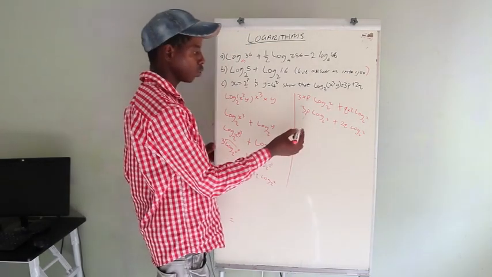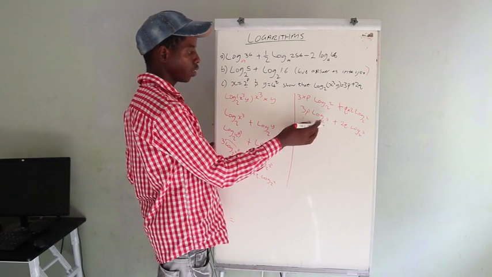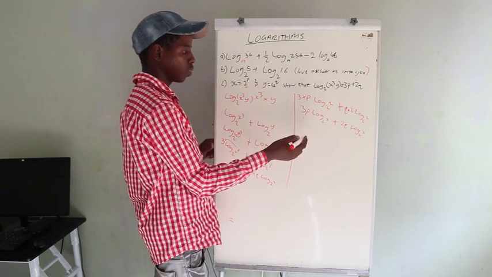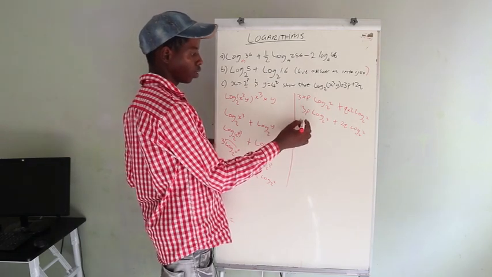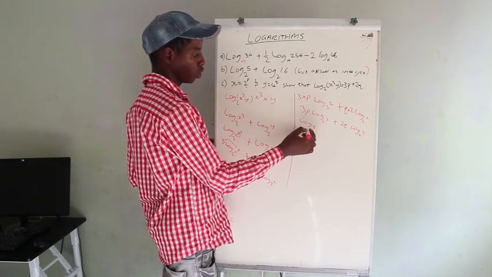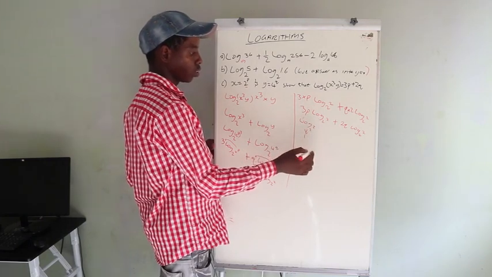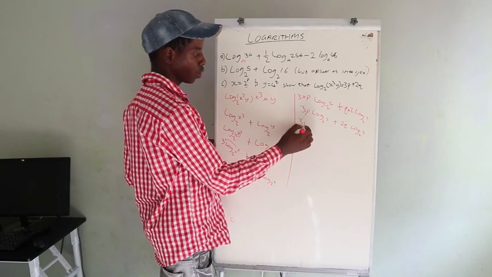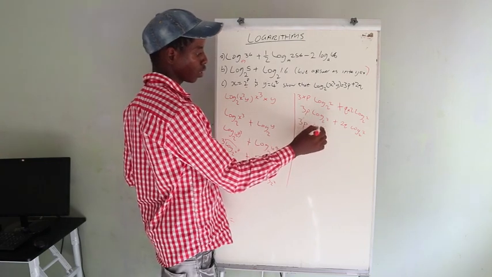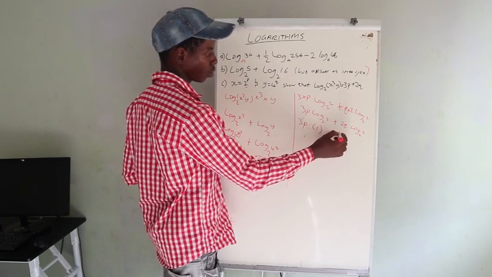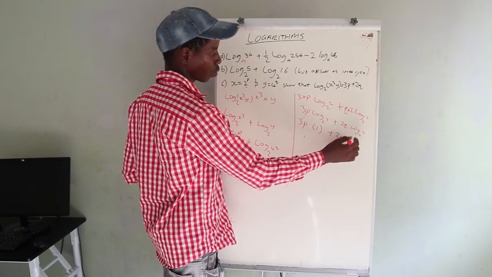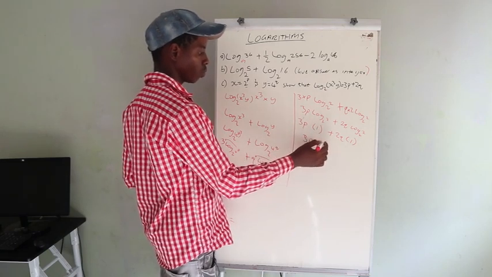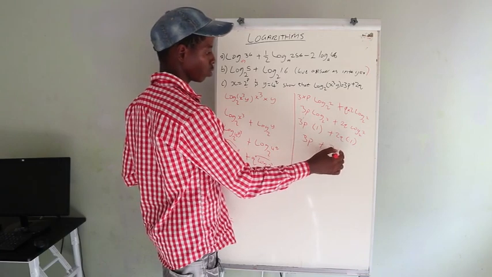Remember that law, that when the base and the number are the same, we are going to make it 1. That is log 2 of 2 is 1. So we are going to say 3p times 1 plus 2q times 1, that is 3p plus 2q.